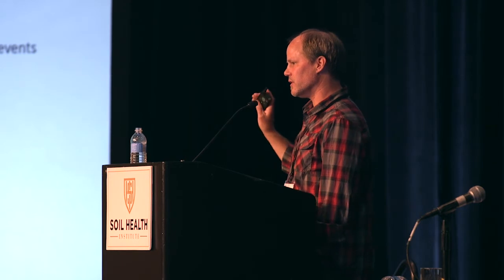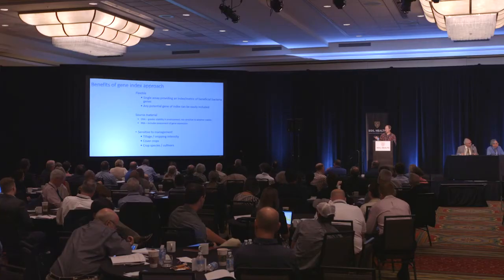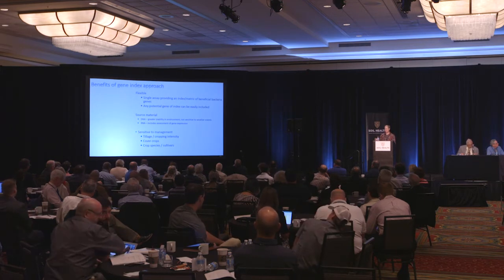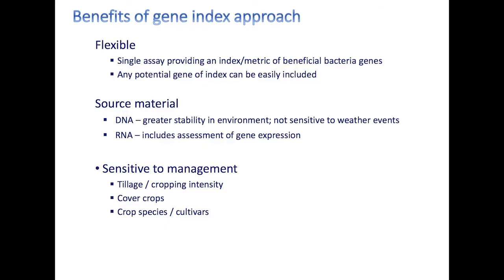Some of the benefits of this approach: we've just talked about siderophore here, or disease, but with a single assay, we can provide an index of many different functions depending on which gene we look at.